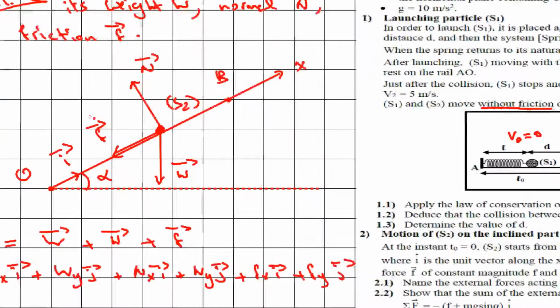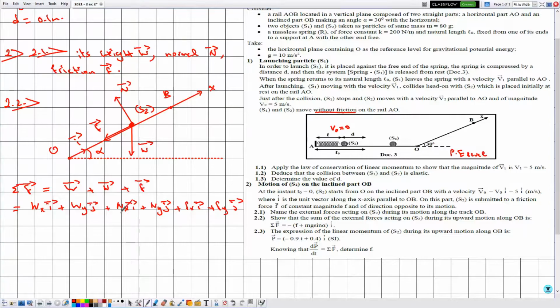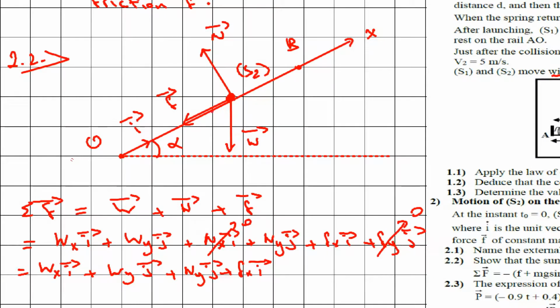And here we can directly deduce that because N is perpendicular to the x-axis, then nx is 0. And because F is parallel to the x-axis, then fy is 0. So eventually this is reduced to the following: wx i plus wy j plus ny j plus fx i. W lies along the y and the x, so for this reason, we cannot eliminate one of these.